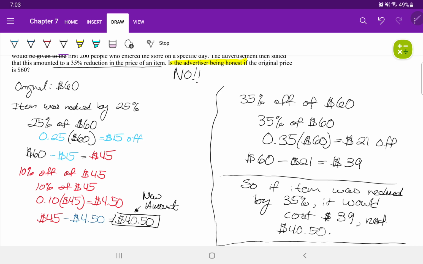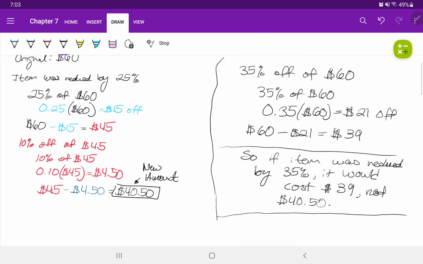But what happens if the question also asked you, which might be a question on an exam, to find the actual reduced percentage? We're going to do that. Down here, we're going to find the actual percent reduction.